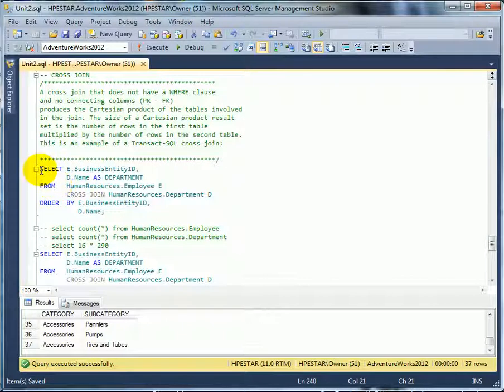Cross-join is also called Cartesian product. This lists all the combinations from one table with the other table.